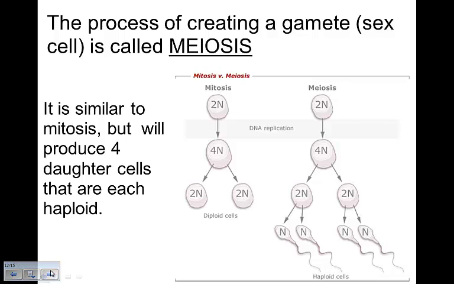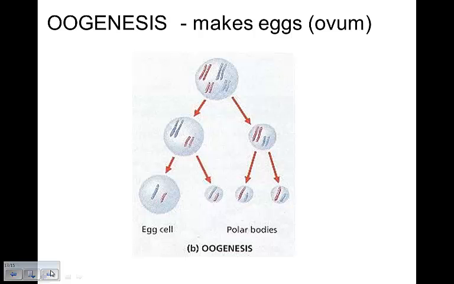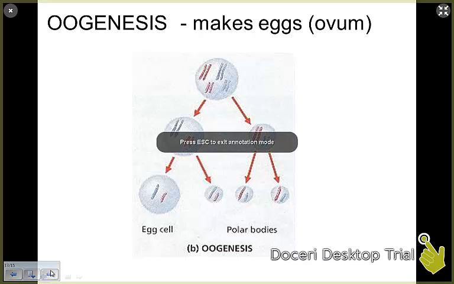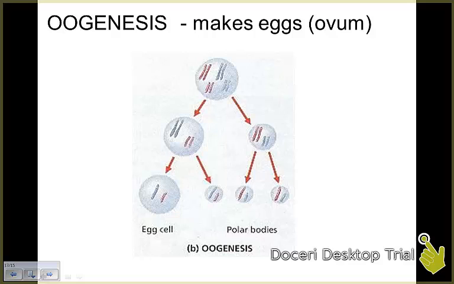All right. Now, let's look here. Oogenesis is the making of the eggs. Oo means egg, and genesis is to make, so we're making the eggs. Here you can see the results. With the females, you get an egg, and you get these polar bodies.